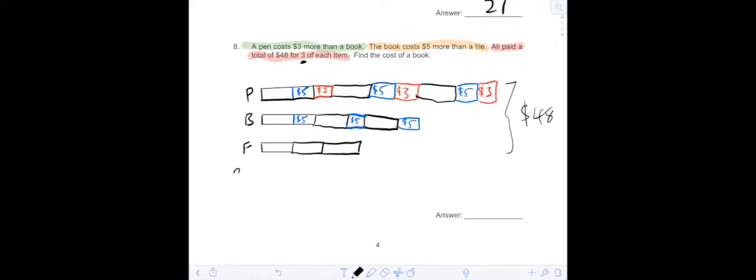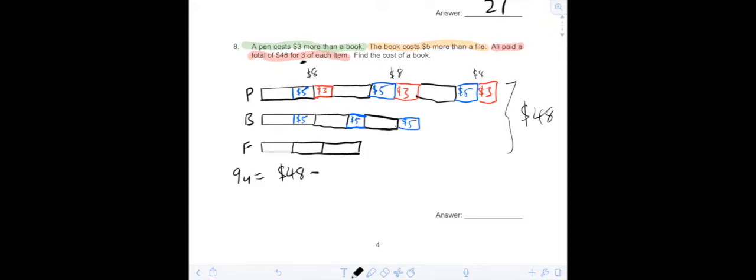So we want to find what is 9 units. All we need to do is take the $48, minus off all the random blue $5 and red $3. So I will minus off. This one will be $8.